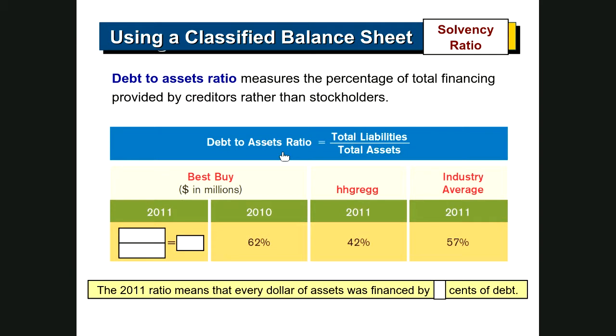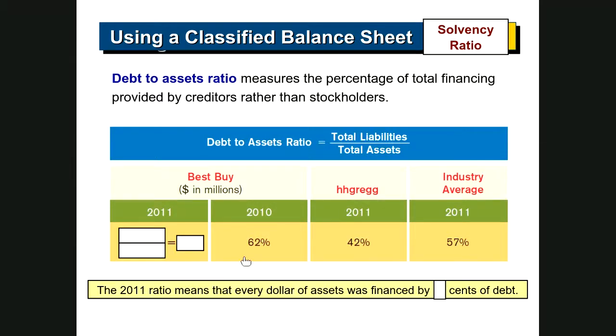And you see in the first case it's 62% or 0.62, which is a fraction. That means your liabilities are 62% of your assets. In the second case, your liabilities are 42% of your assets. In the third case, your liabilities are 57% of the assets, right?